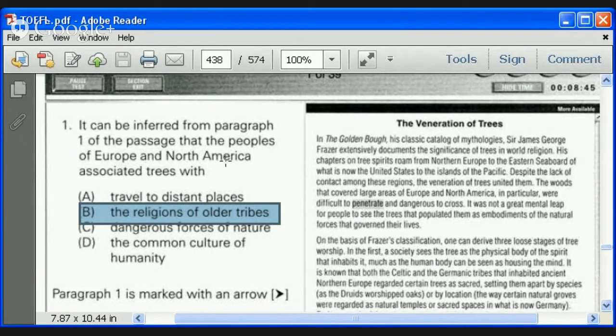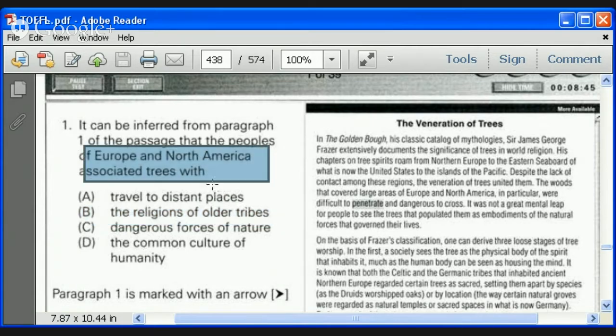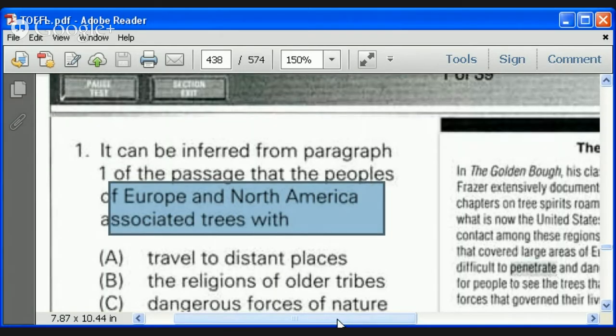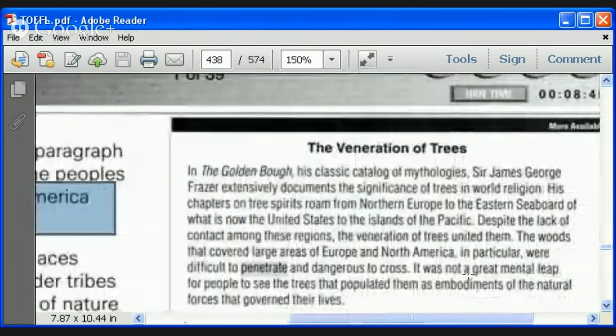All right, so we read passage 1. Okay, peoples of Europe and North America associated trees with. We're probably going to have to look at it again, no doubt. We're looking at paragraph 1.